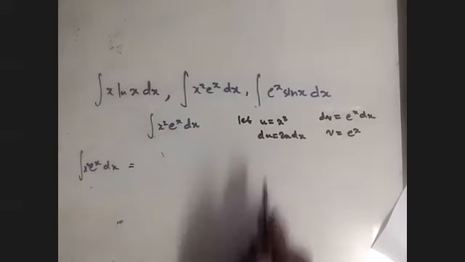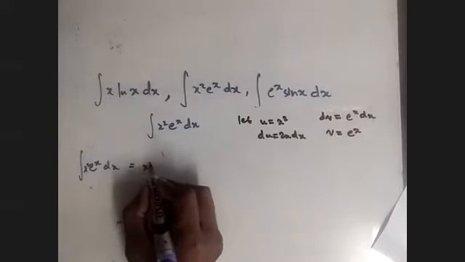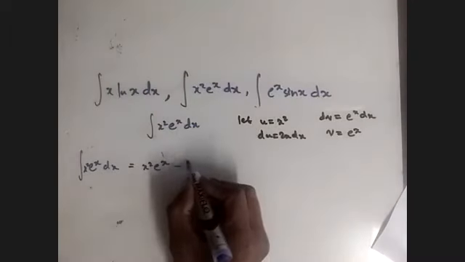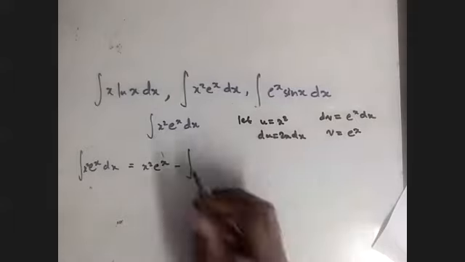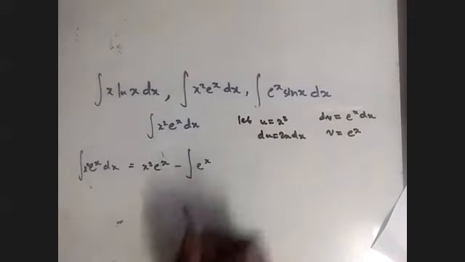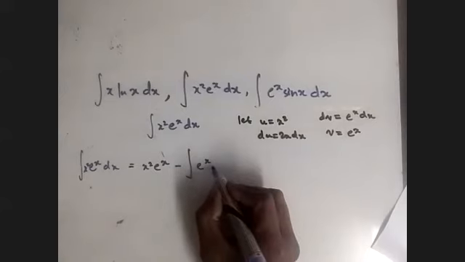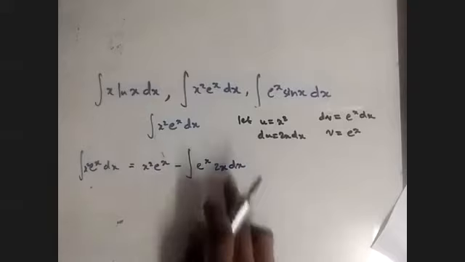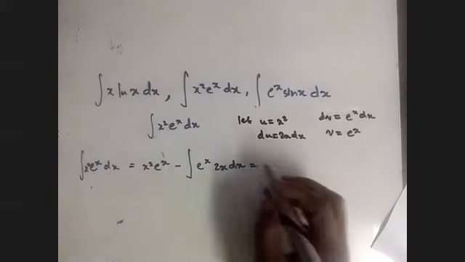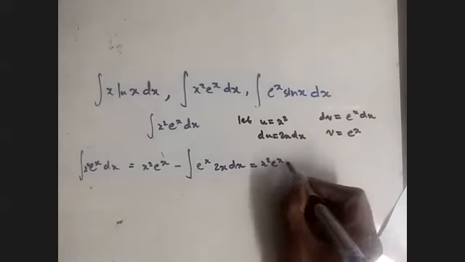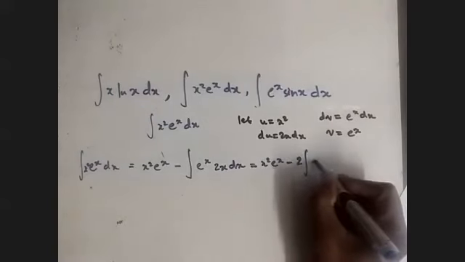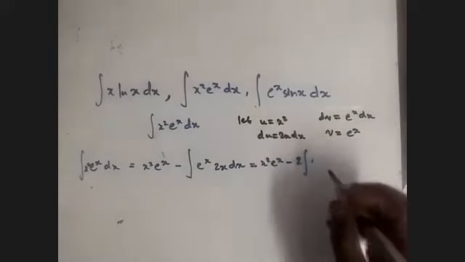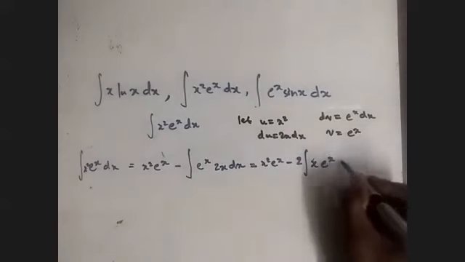This is equal to our u times v, which is just x squared e to the x, because this is our u and this is our v, minus the integral of v, which is e to the x, multiplied by du, which is 2x dx. Okay, so now we have to integrate this part, but we can just write this as x squared e to the x minus 2 times the integral of x e to the x dx.